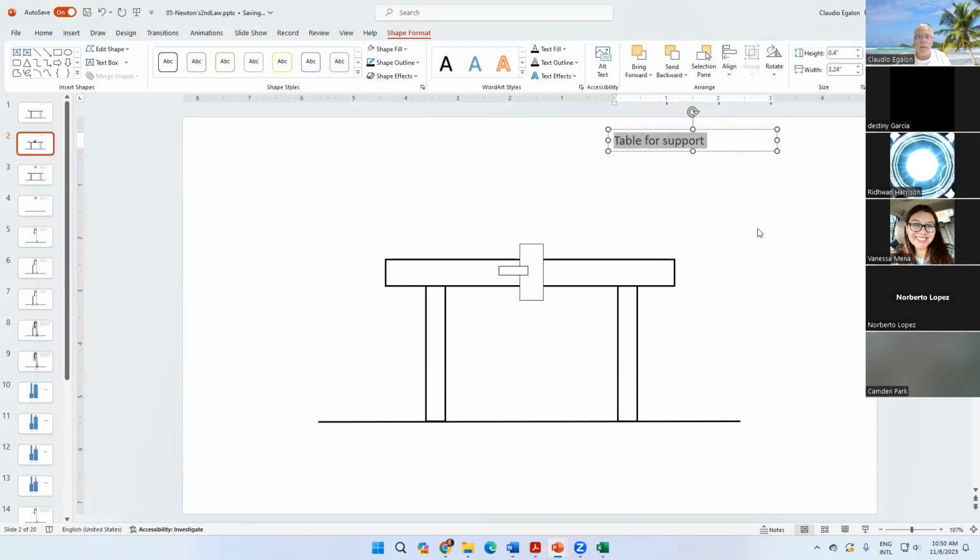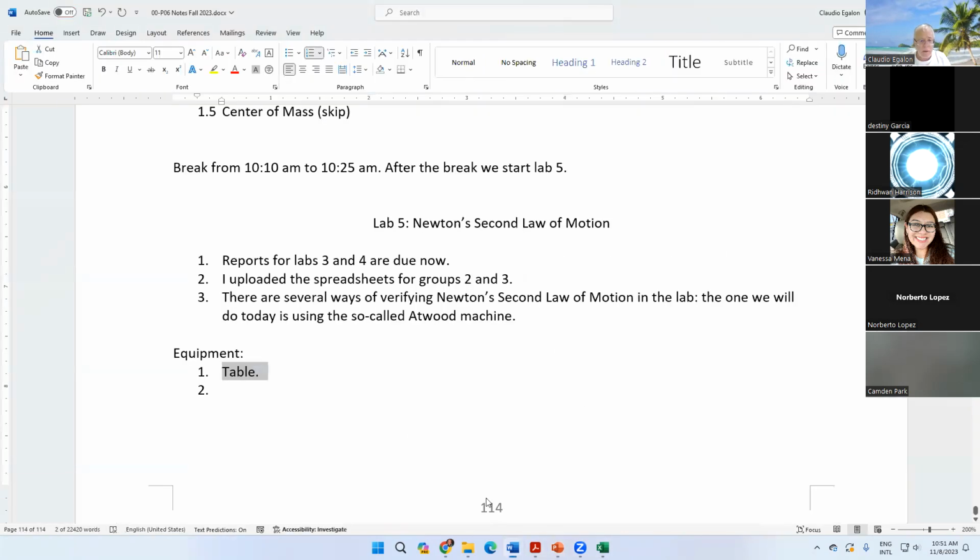Okay, so table for support, rod clamp. This clamp clamps to the table, but it can also clamp to a very tall rod that goes here. Clamp here and a clamp in the back that's not shown, that you cannot see. So here you go. Table, rod clamp.